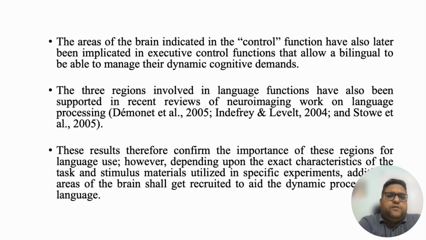The three regions involved in language functions have also been supported in recent reviews of neuroimaging work on language processing. So it seems that, to some extent, the MUC model put forward by Hagoort finds neuroimaging support as well. These results therefore confirm the importance of these regions for language use.